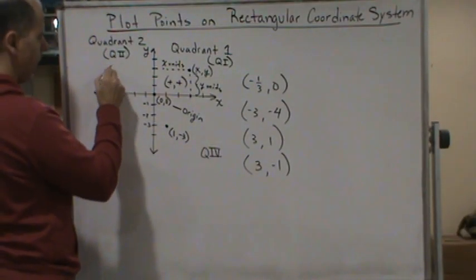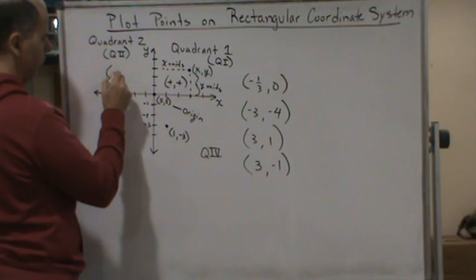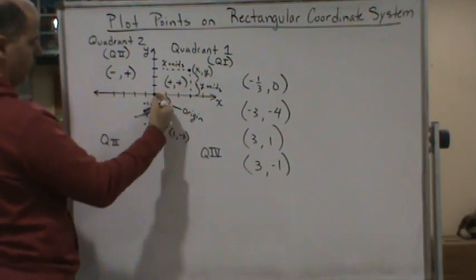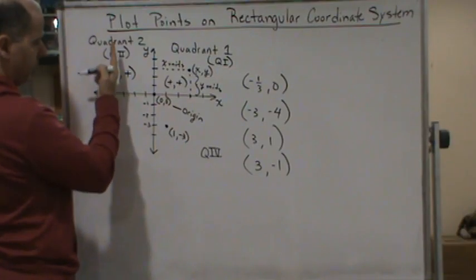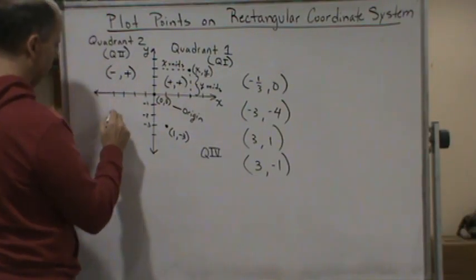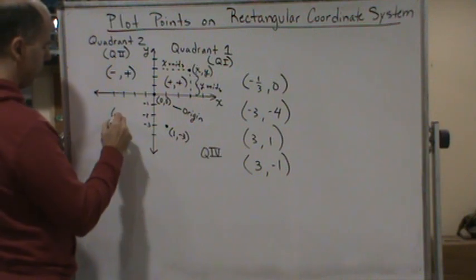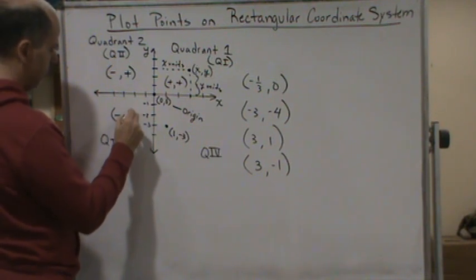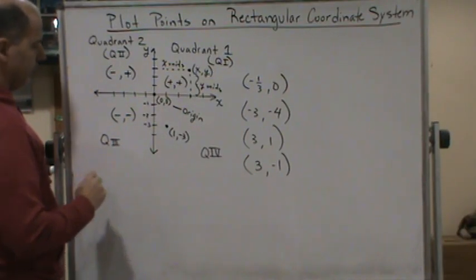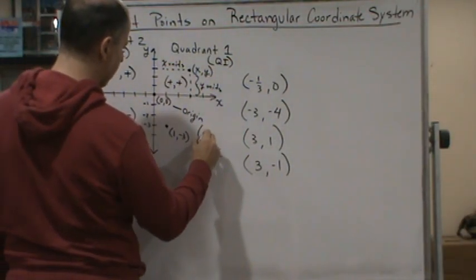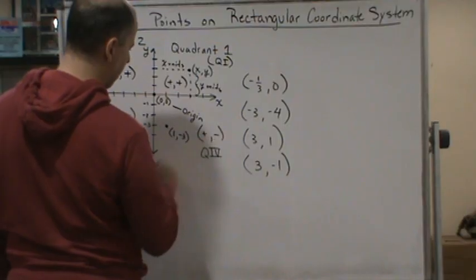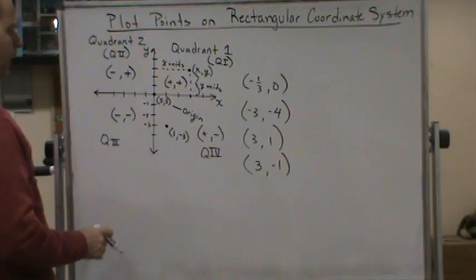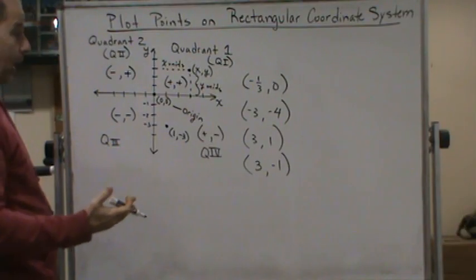If you're in the second quadrant, the ordered pair will be negative, positive, because you're going negative in the x direction but up in the y direction. In the third quadrant, it's both negative: negative, negative. And in the fourth quadrant, it's positive, negative. So by looking at the signs of the ordered pair, you will know which quadrant you're in.